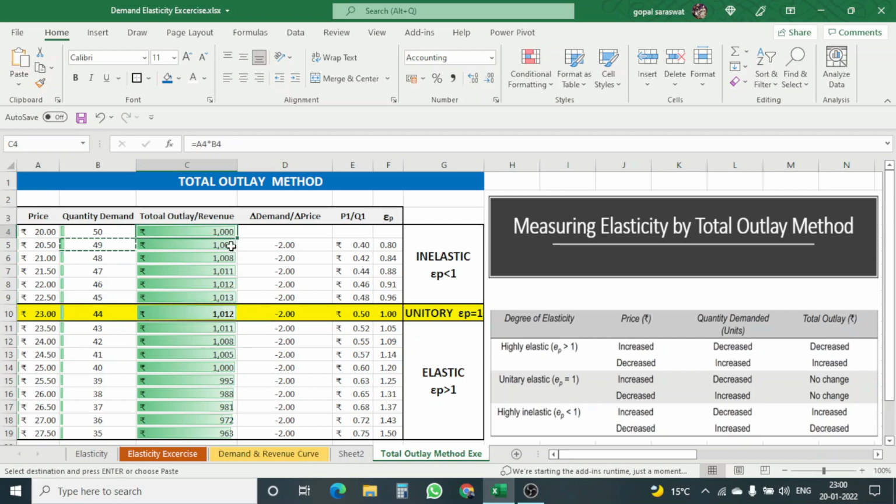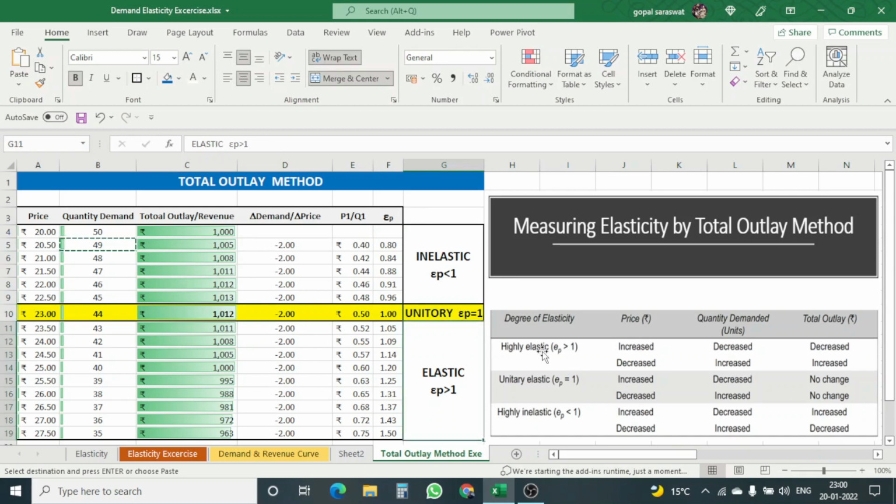Let's see this: 1000, 1005, 1008, 1011. This is highly elastic. In highly elastic cases, EP is greater than 1. So this is inelastic, this is unitary elastic, and this is elastic, highly elastic you can say.